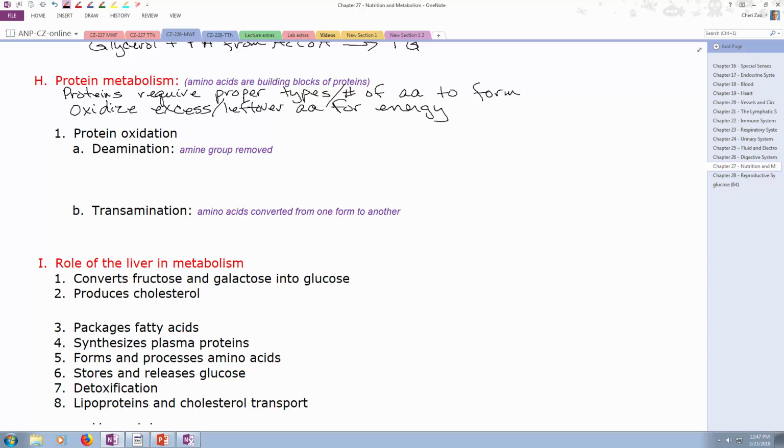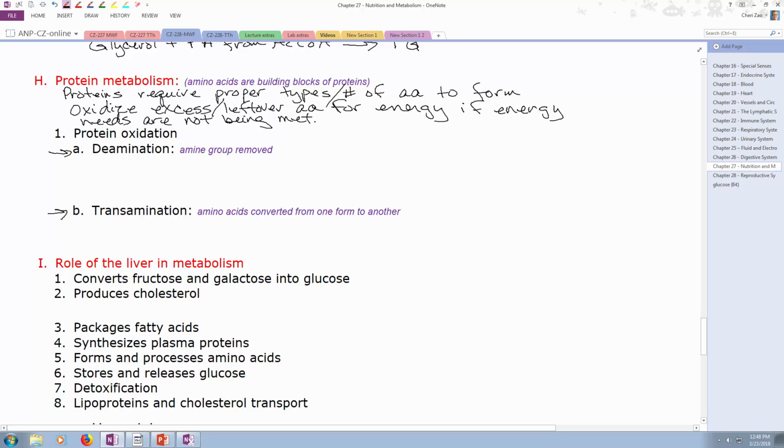And for energy, if energy needs are not being met. So this process actually only occurs as a last resort. So with protein oxidation, we have two major steps, deamination and transamination.